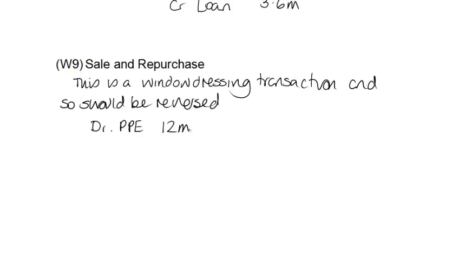Well, we're going to repay that to them in a couple of months. It falls within the definition of a financial liability. We know we've got an effective obligation. So I'm going to credit liability 16 million. And when we sold the asset, we recognised a profit of 4 million on the sale.